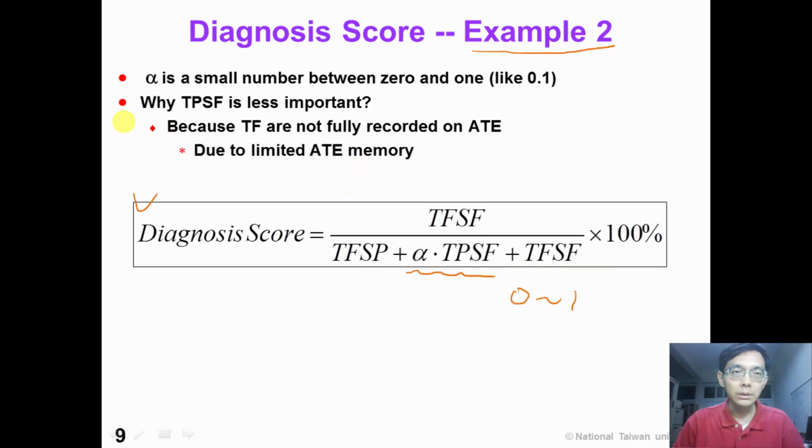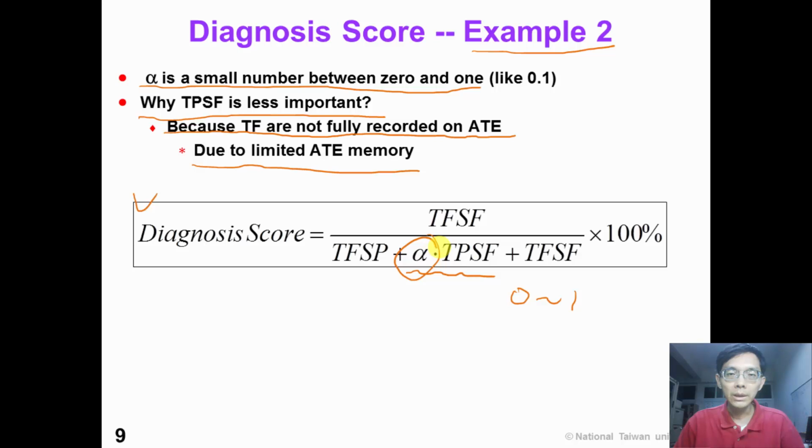Alpha is a small number defined by the user. You might wonder why TPSF is discounted by the factor alpha. This is because test failures are sometimes not fully recorded on the ATE due to limited ATE memory. So we discount this TPSF by the factor alpha.